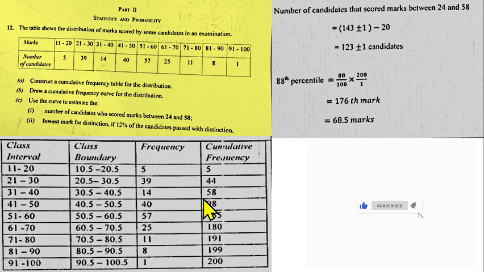Now we can draw the ogive, and the ogive is to be drawn using the cumulative frequency on the vertical axis, which is the y-axis, then the upper class boundary on the x-axis. We use 20.5, 30.5, 40.5, and so on to 100.5 on your x-axis.